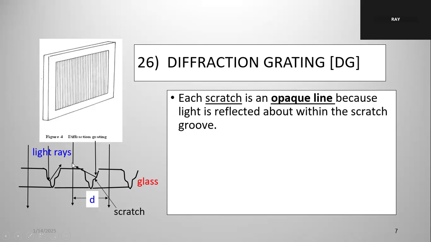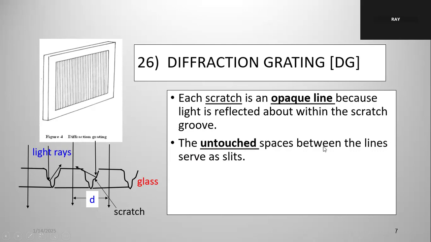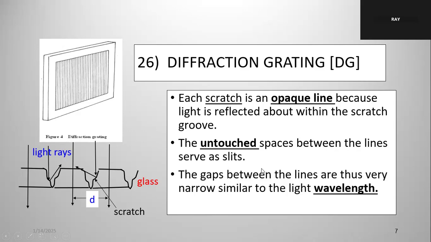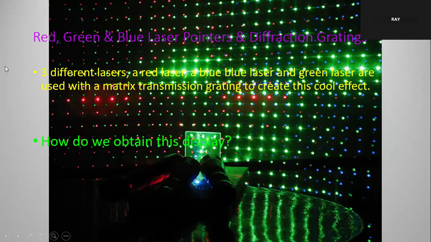Each scratch is an opaque line, so light cannot pass through the scratch, only through the untouched space between the lines, which serves as slits. The gaps between the lines are very narrow, similar to the light wavelength. After that, you have to explain how you get all these different colors in a discotheque.